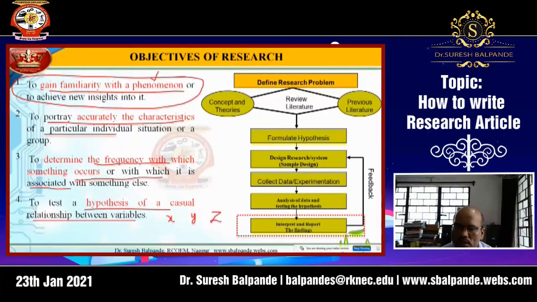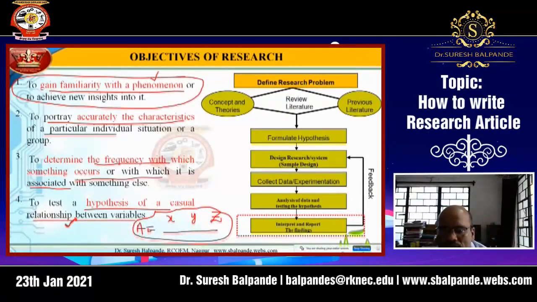So at the end of this research work, you will have some relation like a is equal to x plus y plus z square, something like that. So you will establish some relation which is not already done by anybody, because this is a completely new topic we are dealing with. That relation you have to establish, and that should be one of the smart objectives of the research.